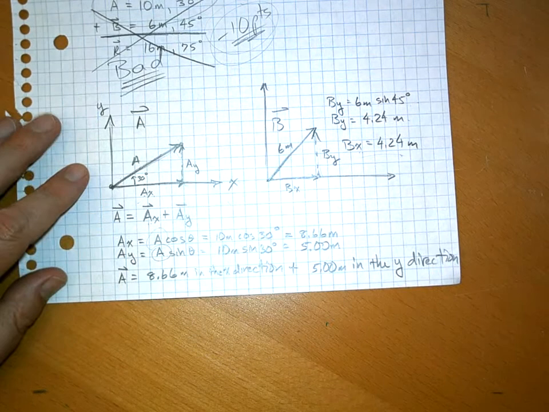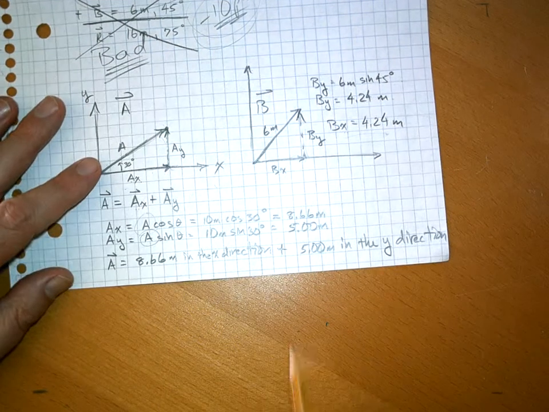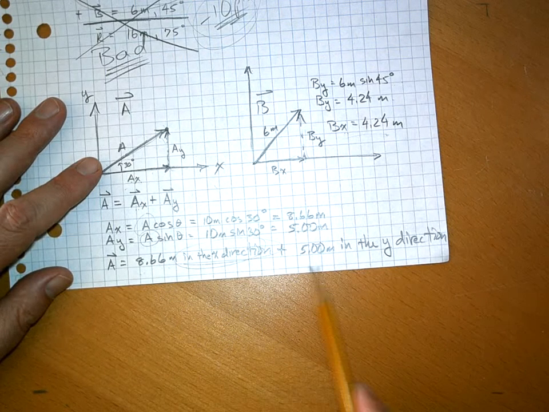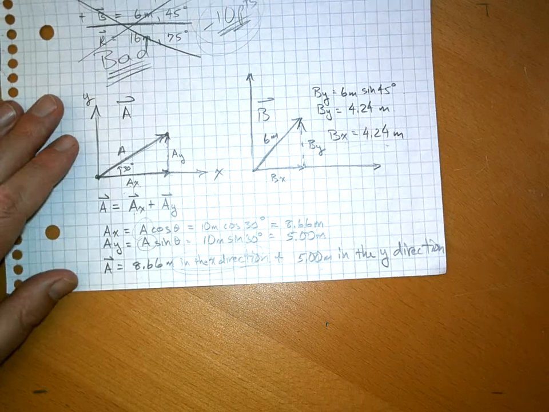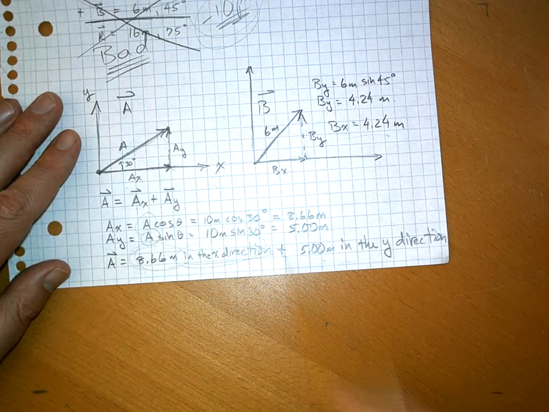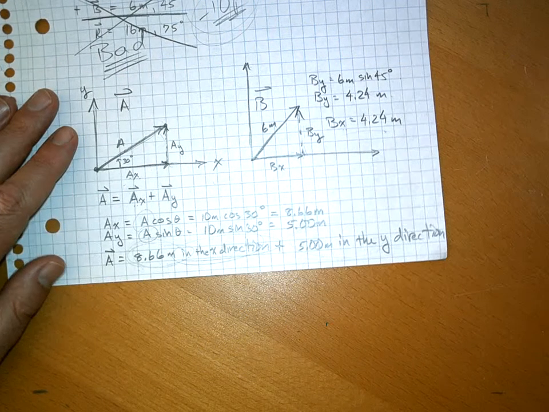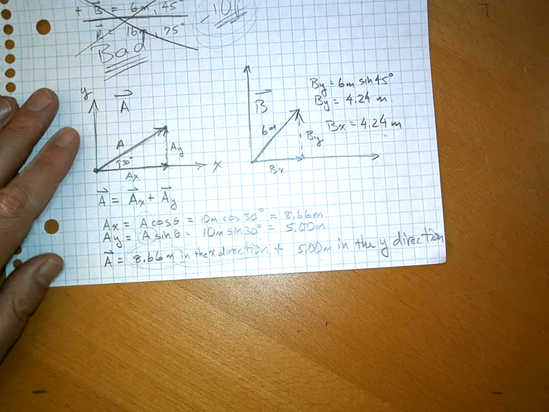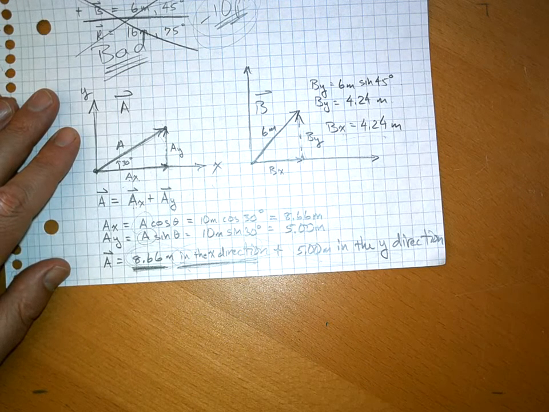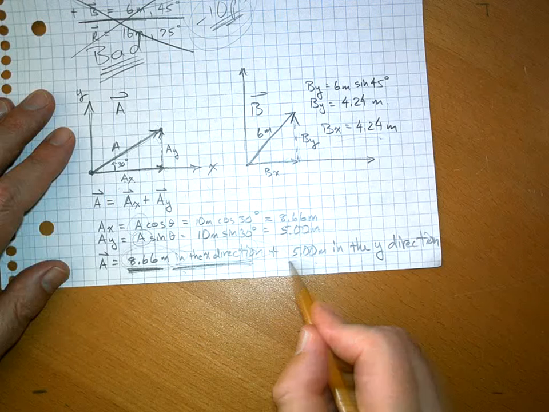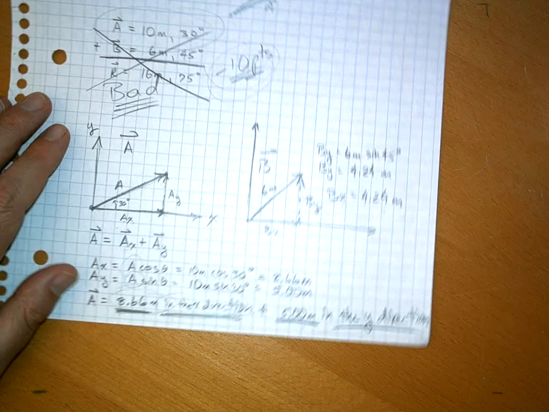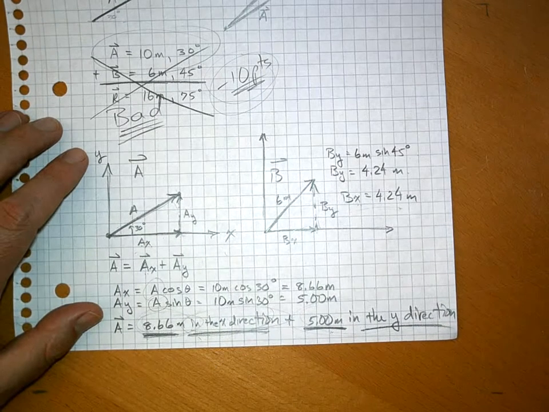Oh, bloody murder. I don't want to have to write this every time. Look, I can't add the 8.66 plus the 5, you know that. You have to say, this is the x component plus the y component, gives me the whole thing. But I need an easier way to say this stuff is in the x direction, and an easier way of saying this stuff is in the y direction, and there is an easier way to do it. They're called unit vectors.